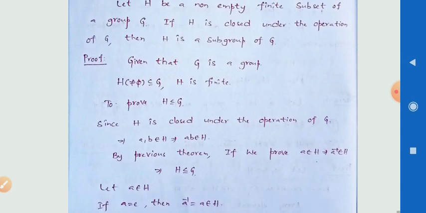Proof. Now given that G is a group, H not equal to the empty set, H a subset of G, and H is finite.